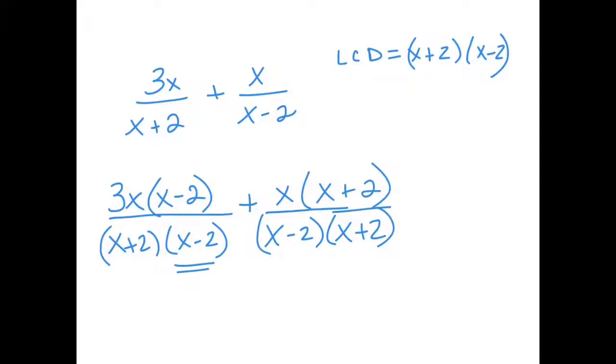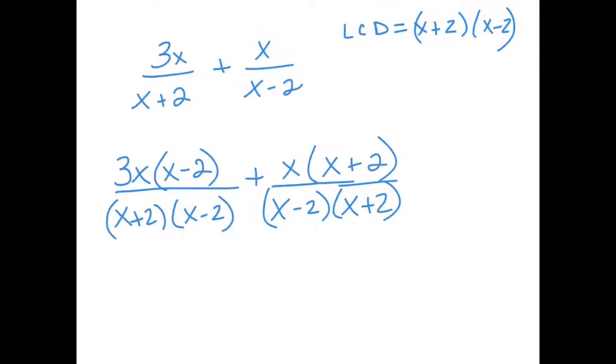Again, that means I could cancel my x plus 2's out, and I'd be left with my original fraction. So I know that these are equivalent expressions. And this is my new expression with my lowest common denominators.